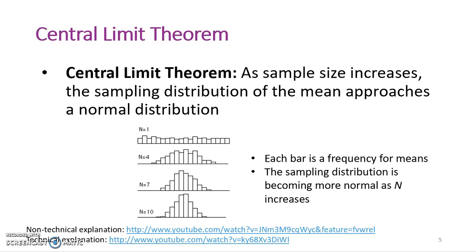Another way to think about this is that regardless of the distribution of scores in a population, the sampling distribution of sample means selected at random from that population will approach the shape of a normal distribution as the number of people in each sample increases. So think about this as the number of people in each sample, not the number of samples taken. We're talking about taking an infinite number of samples either way.